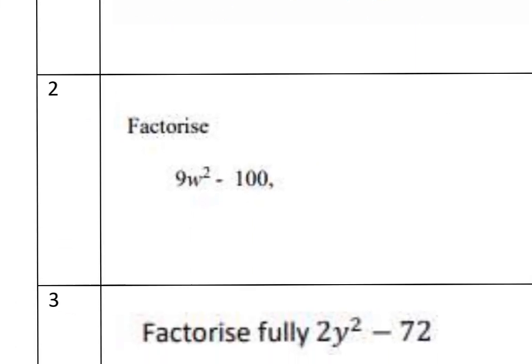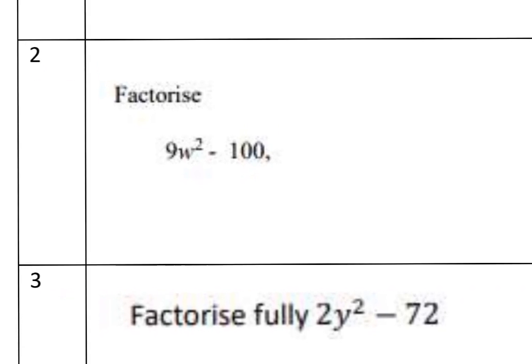Next one, number 2. 9w squared minus 100. You need to check if there is a common factor between them or not. 9 and 100 have no common factor except 1. So factorize: the square root of 9w squared is 3w, because 3w times 3w equals 9w squared.